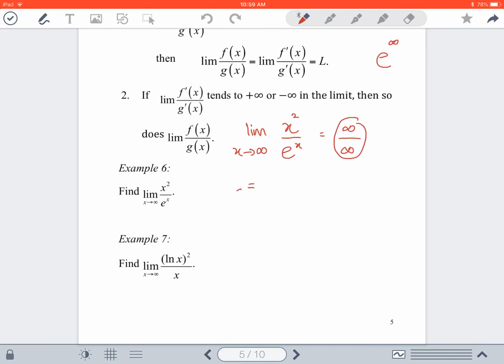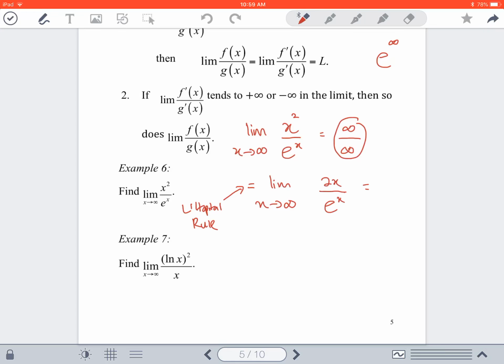Okay, now we look at using L'Hopital's rule. So x approaching infinity. What happens to your function now? Differentiate the x squared, so you get 2x, and differentiate the denominator e to the x, so you get e to the x.